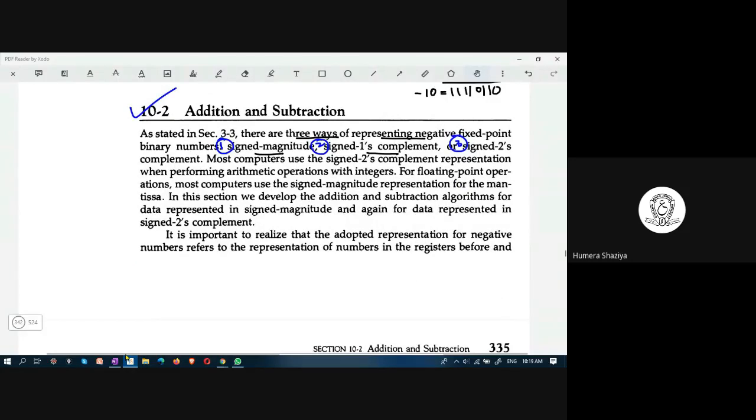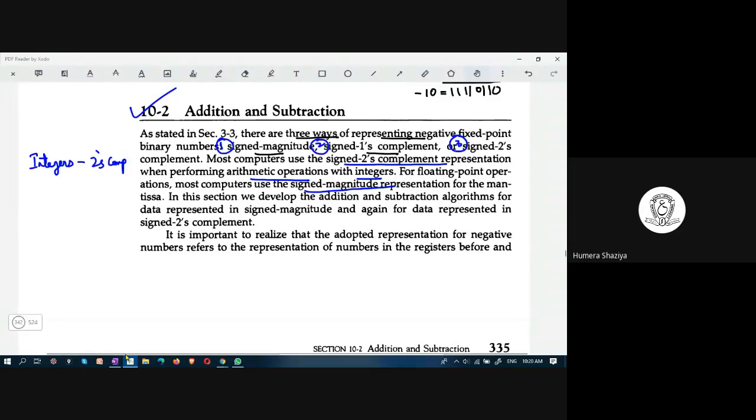And remember, most computers use signed two's complement representation while performing arithmetic operations with integers. For floating point operations, most computers use signed magnitude representation. Here we have integer numbers and float numbers. For integers, the computer system uses two's complement representation.